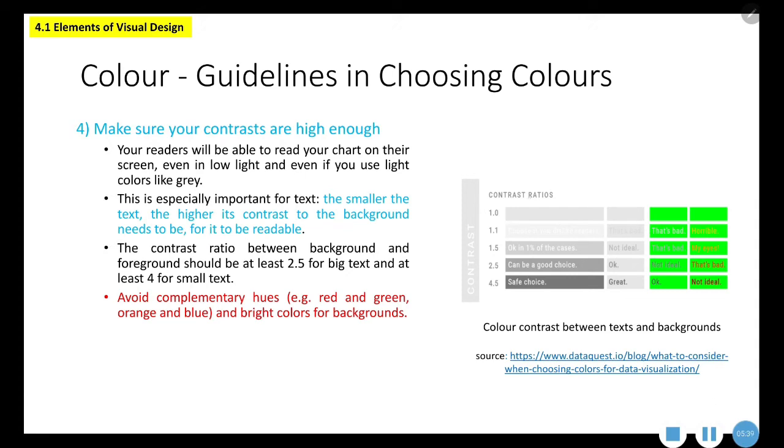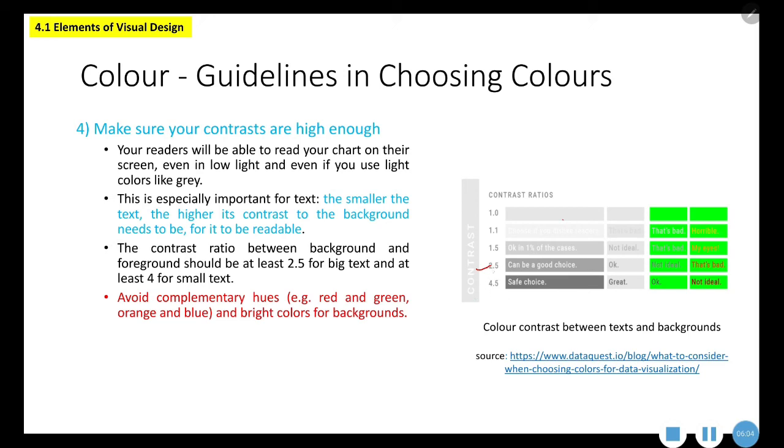If the font is very small and the color is very light, the contrast ratio is very low, so the reader cannot read the information being displayed. The contrast ratio between background and foreground should be at least 2.5 for big text, and 4 for small text.